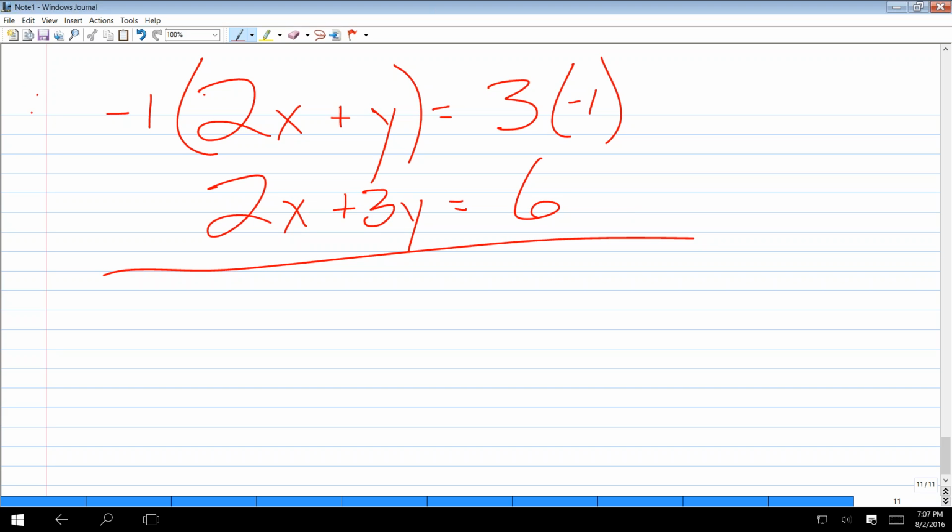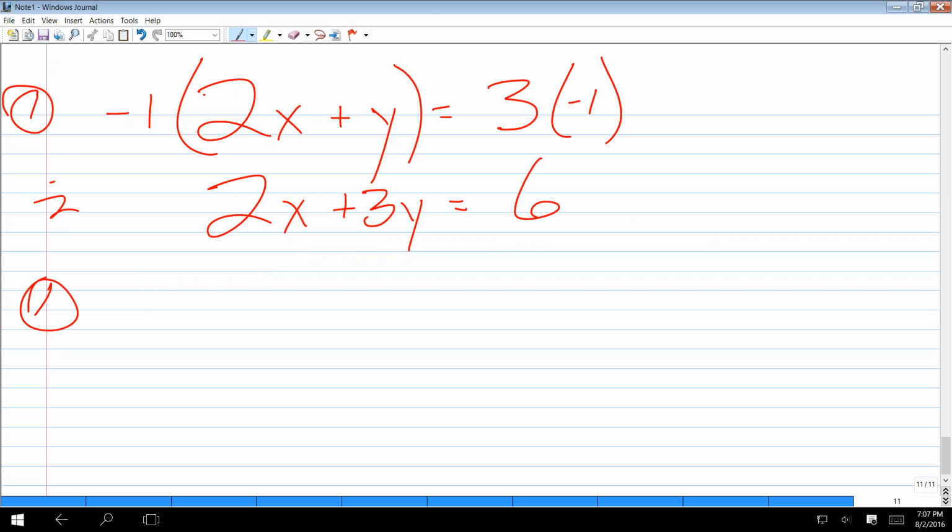Okay. And now my new equation 1, here's my equation 2, is now minus 2x minus y equals minus 3. You see what I did?